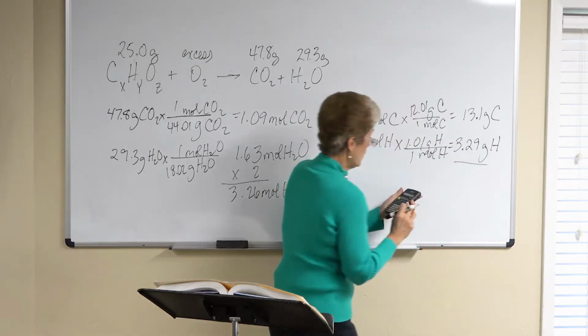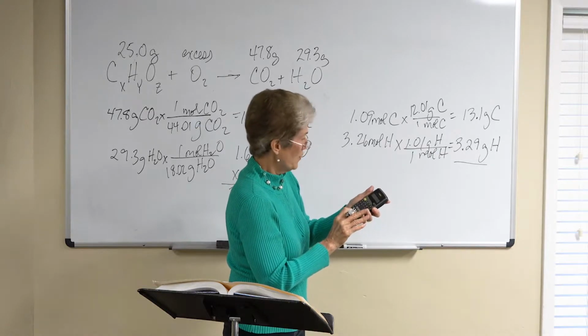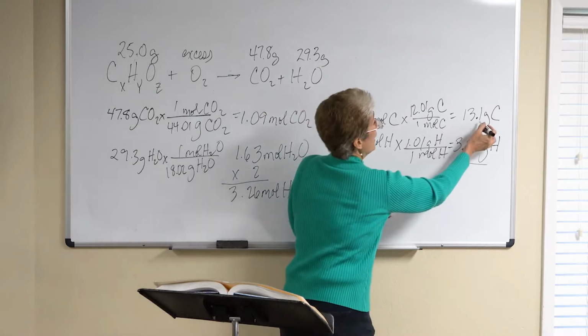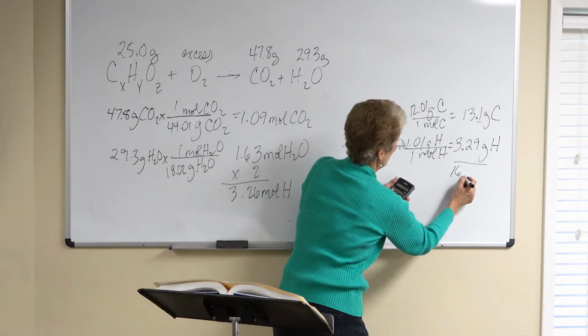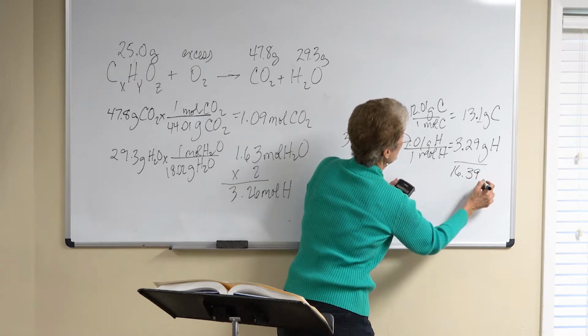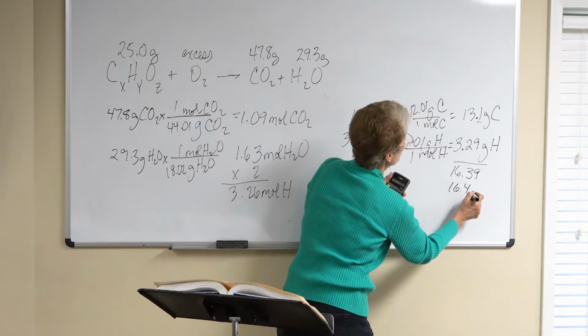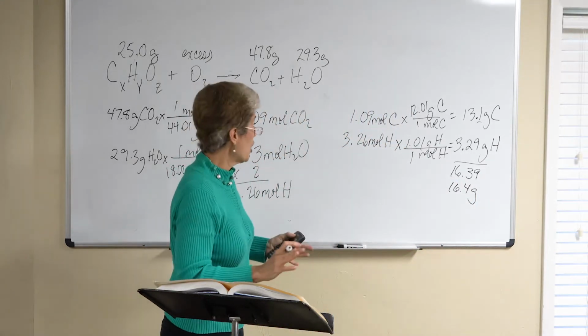Okay, so now we have this. Let's add these two numbers up. We have 13.1 plus 3.29 equals, we're adding or subtracting. This goes to the tenths place, so our answer has to go to the tenths place. What comes out of my calculator is this, but we have to go to the tenths place, so we're going to go 16.4 grams. Okay, so now we can figure out how much oxygen.